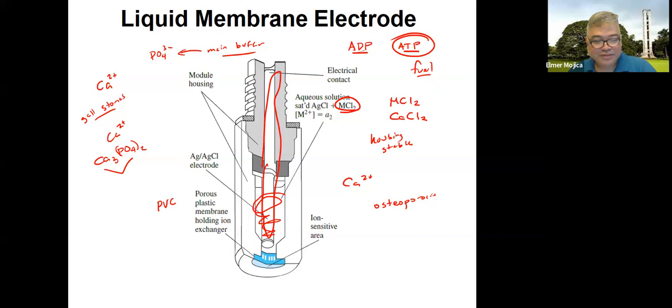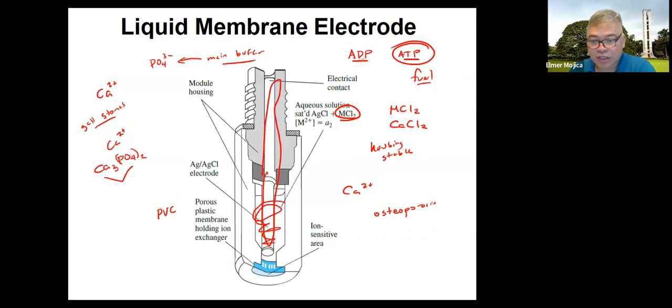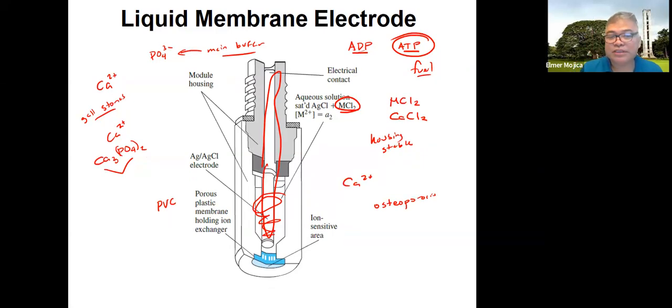Okay. So that's why this material is very important in analyzing some of the cations that are found in our body.